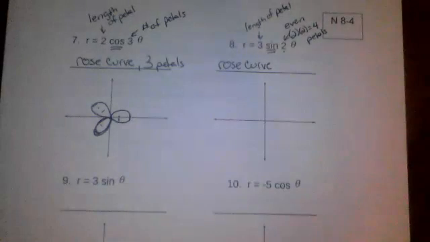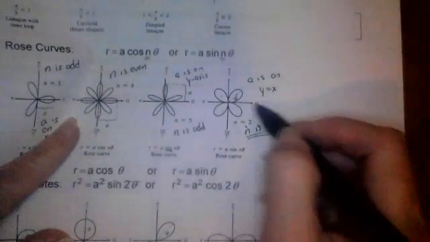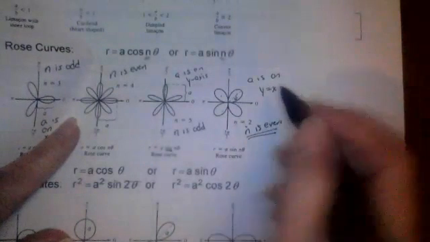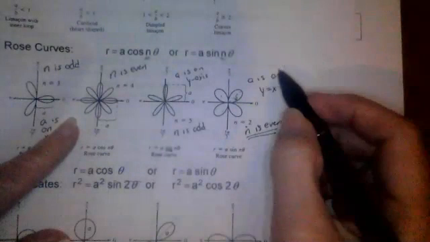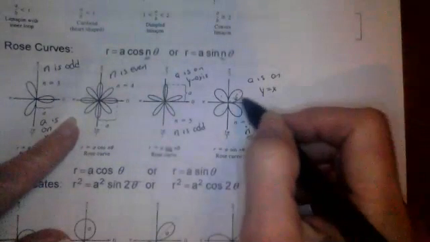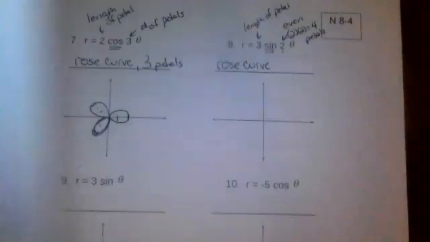Now, as a sine, remember, when this was even and we ended up with 4 petals, these petals start on y equals x, or on the diagonal.